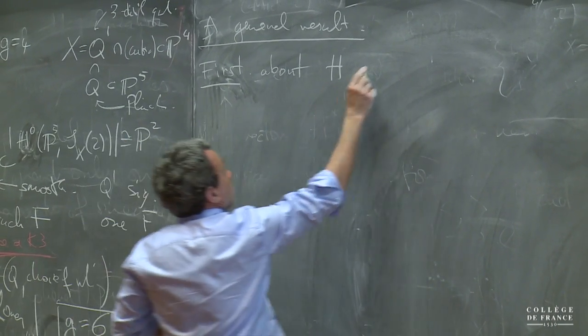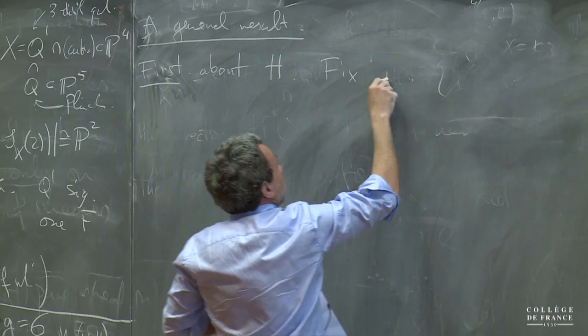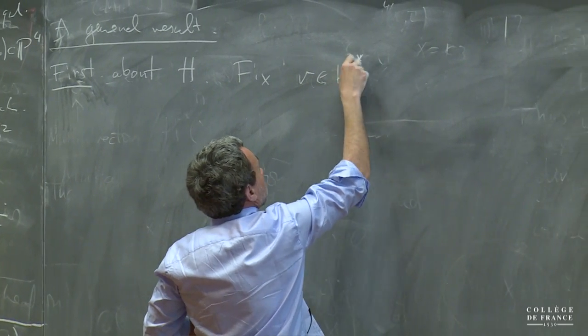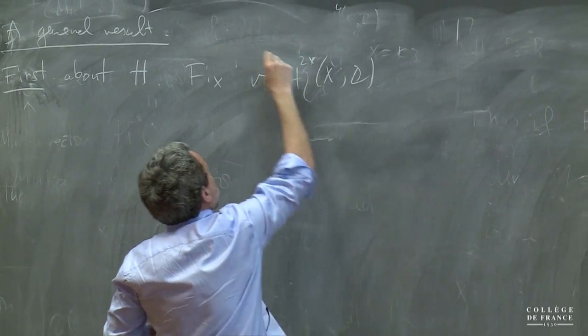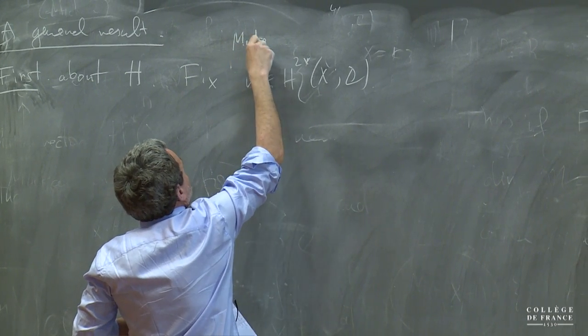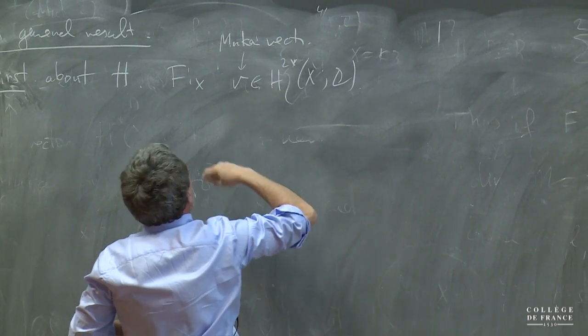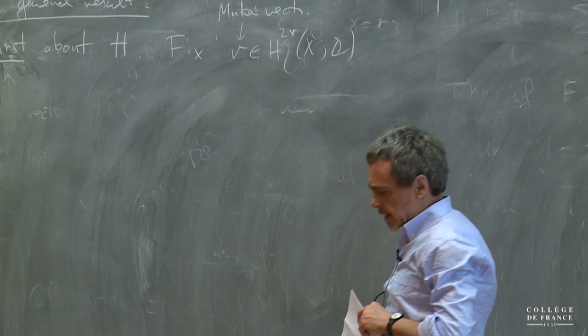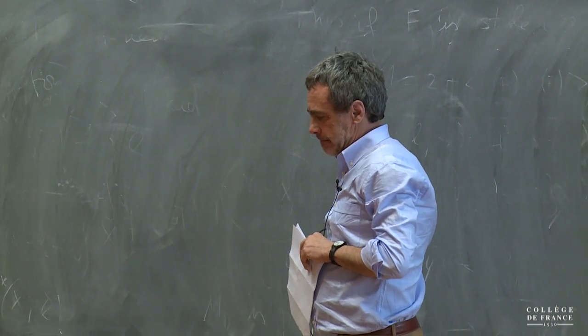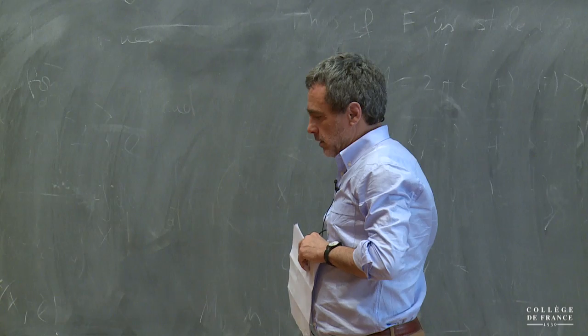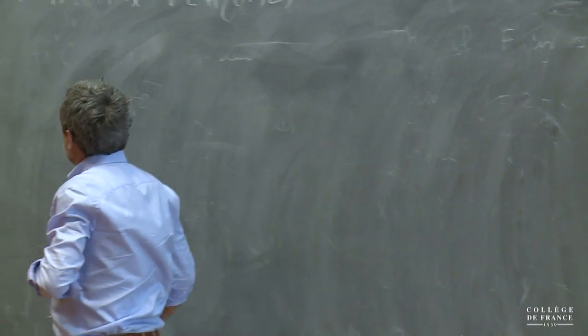Choose X. Fix v a Mukai vector. So we want to consider semi-stable sheaves with that Mukai vector.